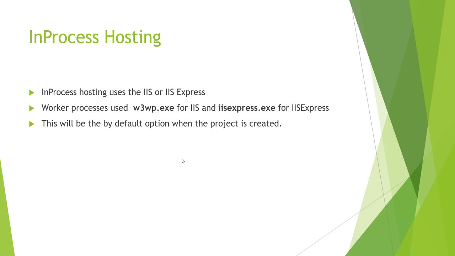But if you run directly using Visual Studio, it will be IIS Express or the w3wp.exe worker process to host. And if you are using the .NET CLI, then it will be the Kestrel web server. So that's all as part of this tutorial. Thank you.